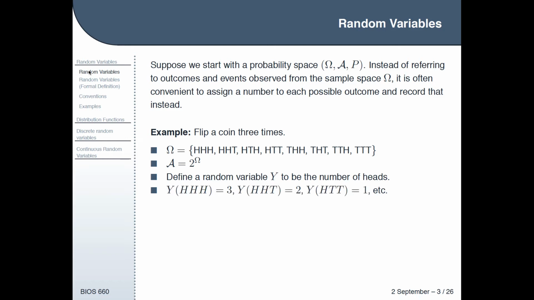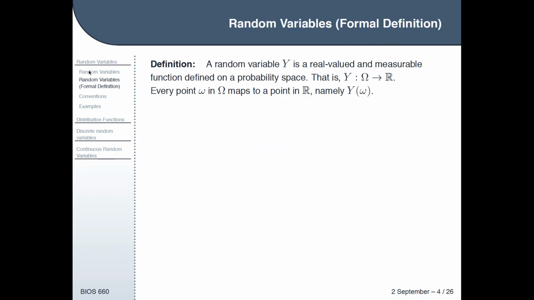So for example, Y of heads, heads, heads gives you 3, Y of heads, heads, tails gives you 2, Y of heads, tails, tails gives you 1, etc. So formally, a random variable Y is a real valued and measurable function defined on a probability space. That is a function with domain of the outcome space and range the real numbers, and every point in omega maps to a real number that we denote as Y of omega.